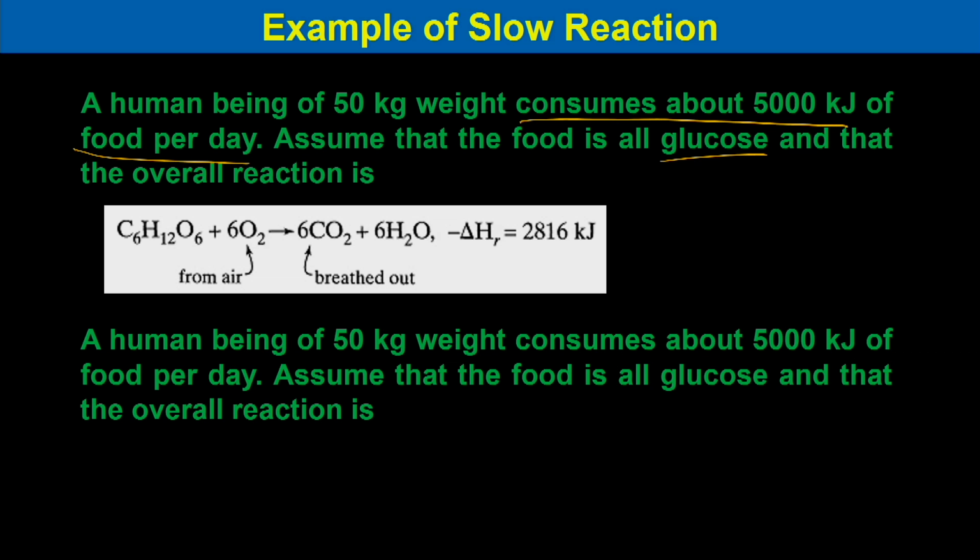That means, glucose reacts with oxygen and produces carbon dioxide and water, and it is an exothermic reaction. So, it releases heat, delta H equal to minus 2816 kilojoule.